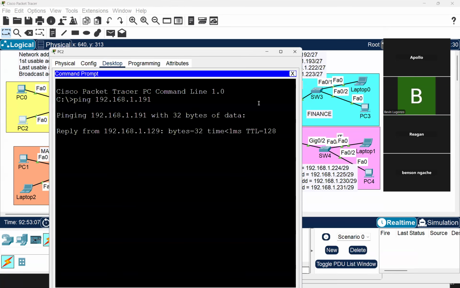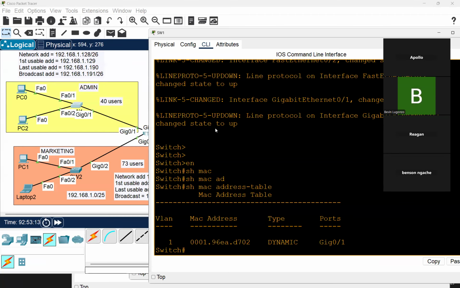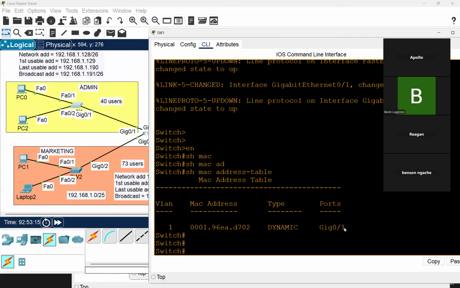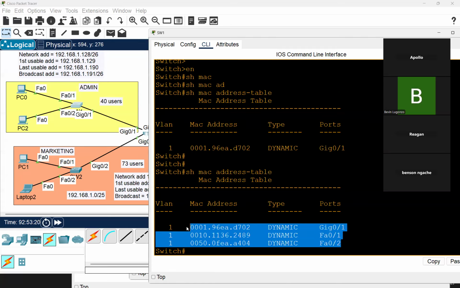Now, if you go and look at the switching table again a second time, it will add those two entries. You see, at this point, it only had one entry. If you look at it again, you see it has added those other entries.